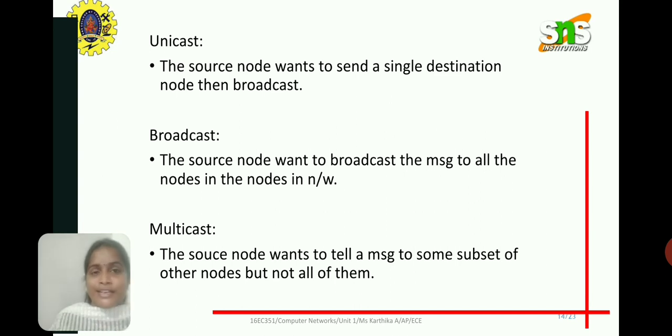That is called broadcast. And in multicast, the source node wants to send a message to some set of other nodes, but not all of them. That is called multicast. Unicast is to send to a single destination node, broadcast is to send a message to all, and multicast sends a message to a particular set of users.